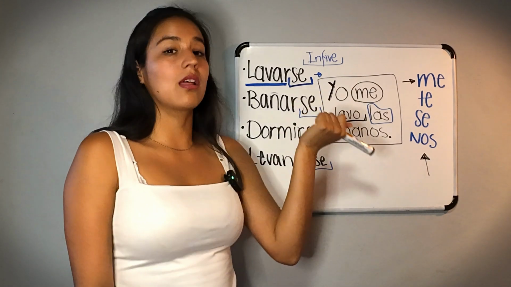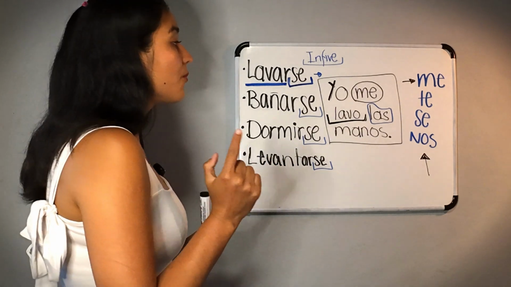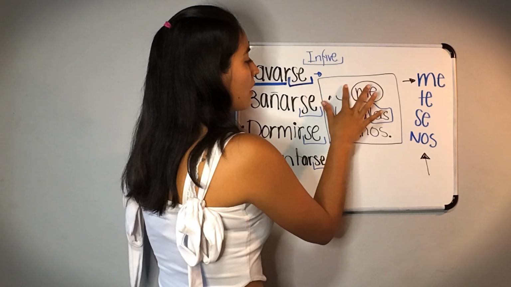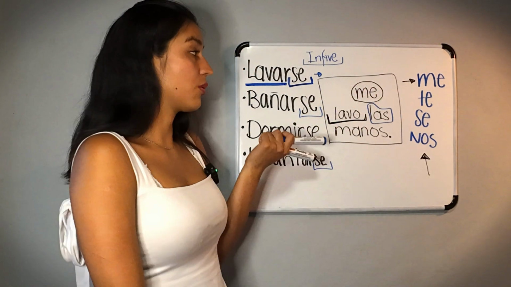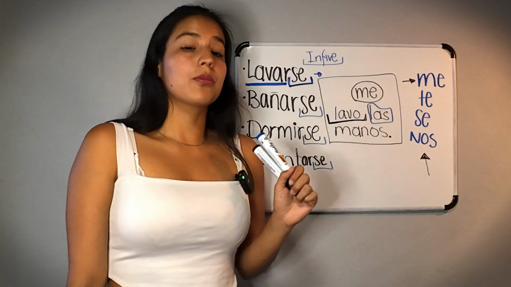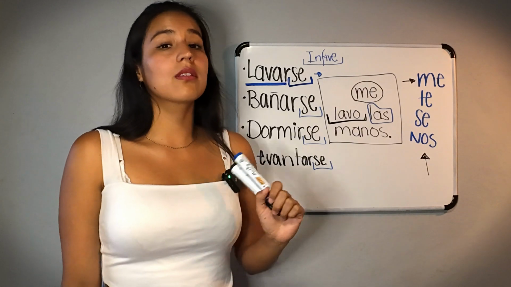Yo me lavo las manos. One more thing. Remember that we skip the pronoun a lot. That was to show you where it has to go. Yo me lavo las manos. But what people really say is not, oh, yo me lavo las manos. I'm going to say, me lavo las manos.